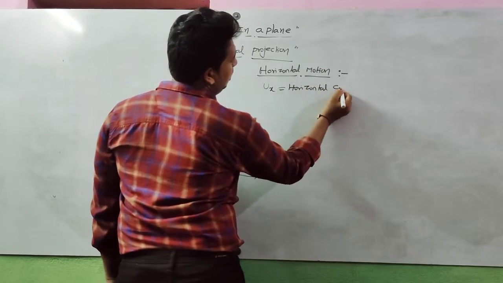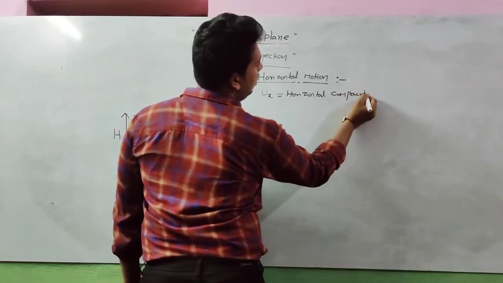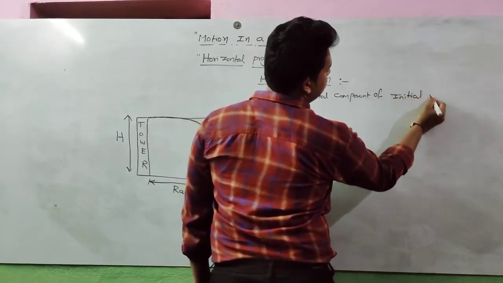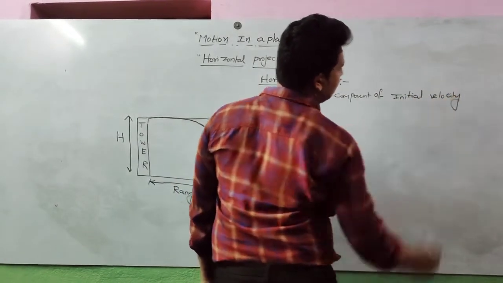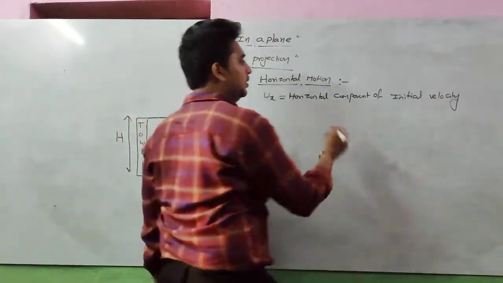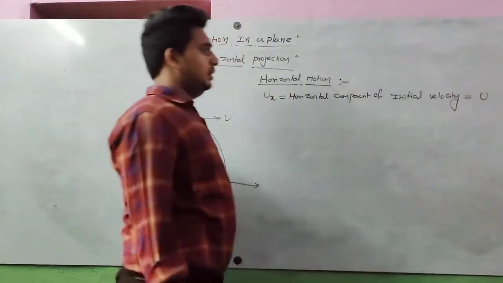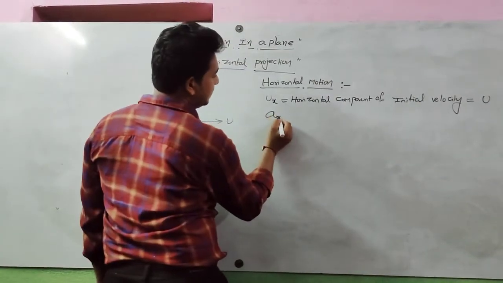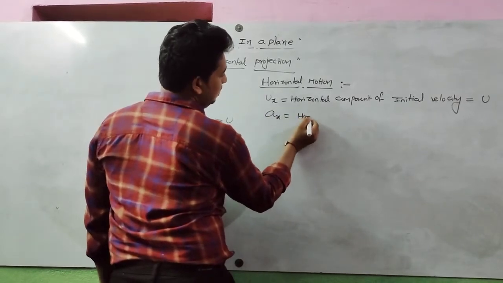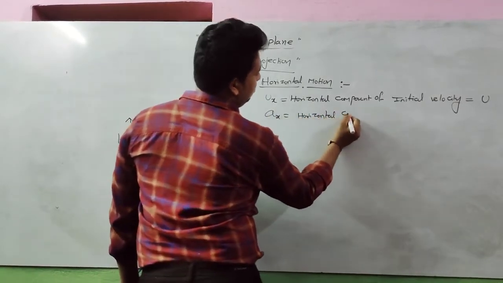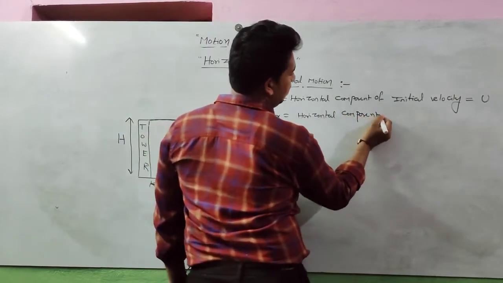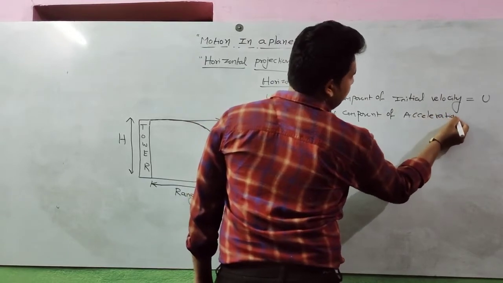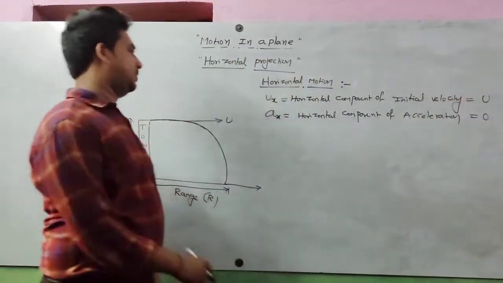The horizontal component of initial velocity is ux is equal to u. And the horizontal component of acceleration is 0. This is very important.